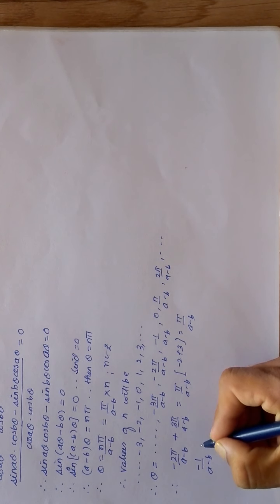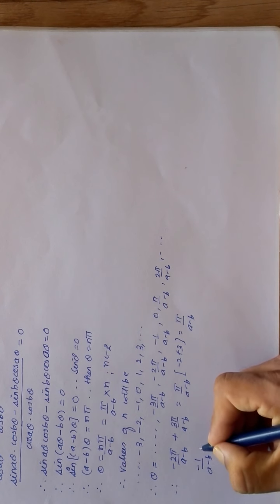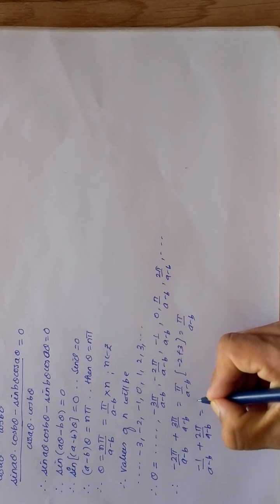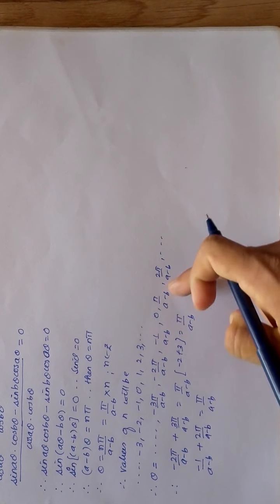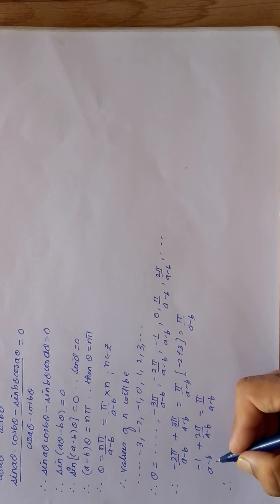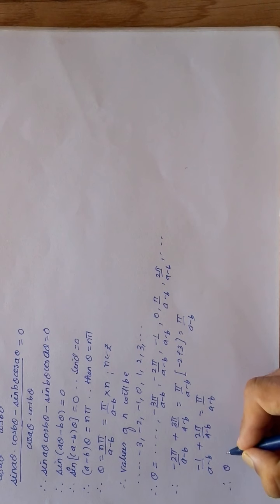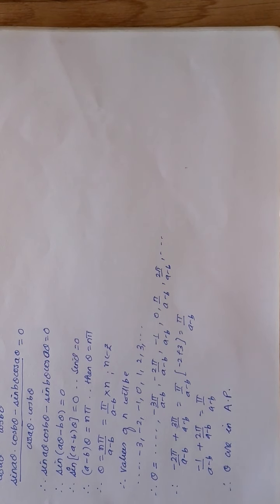I am just checking right now whether I am finding an AP, a GP or an HP, that is not known yet. I am just checking any term minus previous term. This also becomes the same, π upon A minus B. If I check it anywhere, any term minus previous term, I am getting the same. Therefore the values of θ are in arithmetic progression.